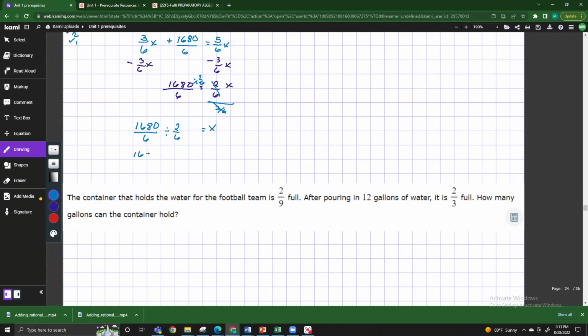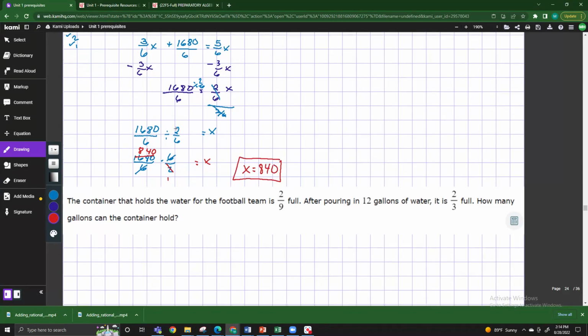So 1680 over 6 times 6/2. This cancels with this. 2 goes into both of them. This once, and this is going to be 840. And then it equals x. So x equals 840. That's how many pennies her jar will hold.